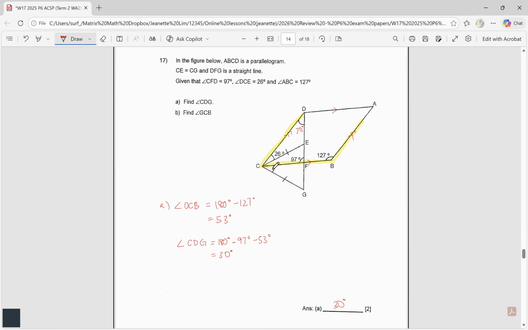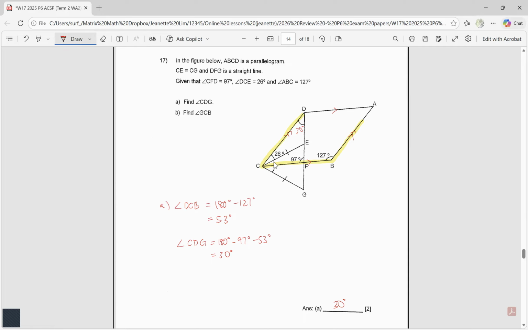Now, what I want to do first is I would want to find this angle here. Okay, because this is an isosceles. So I will find this angle here, then later I'll find this angle and I'll minus that. Okay, so yeah, let's find ECB first.